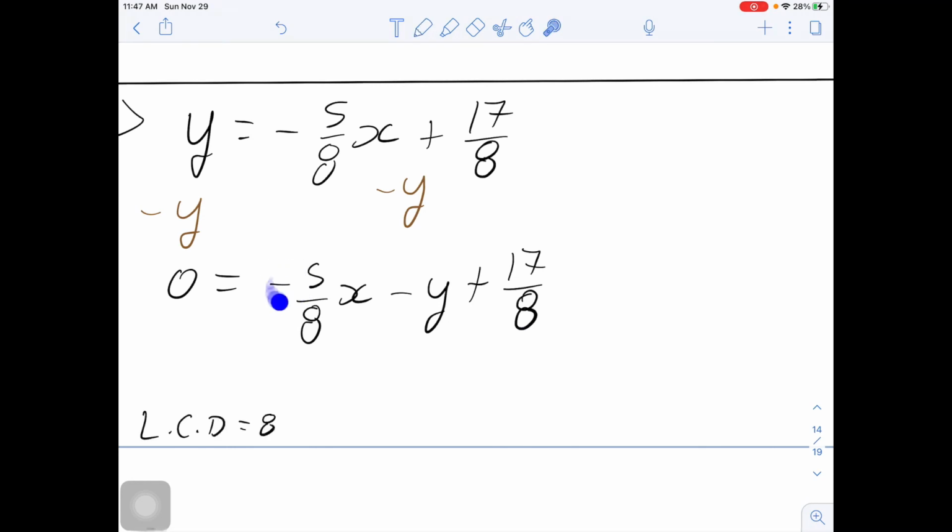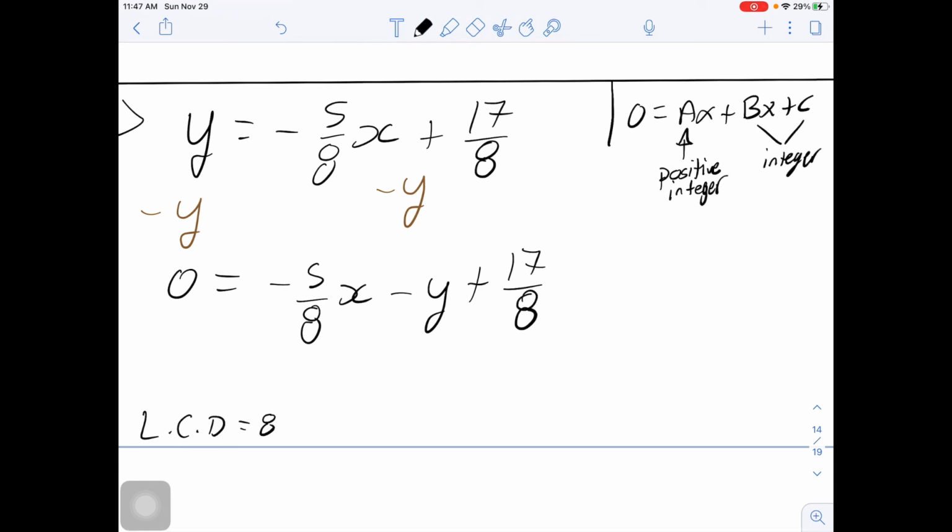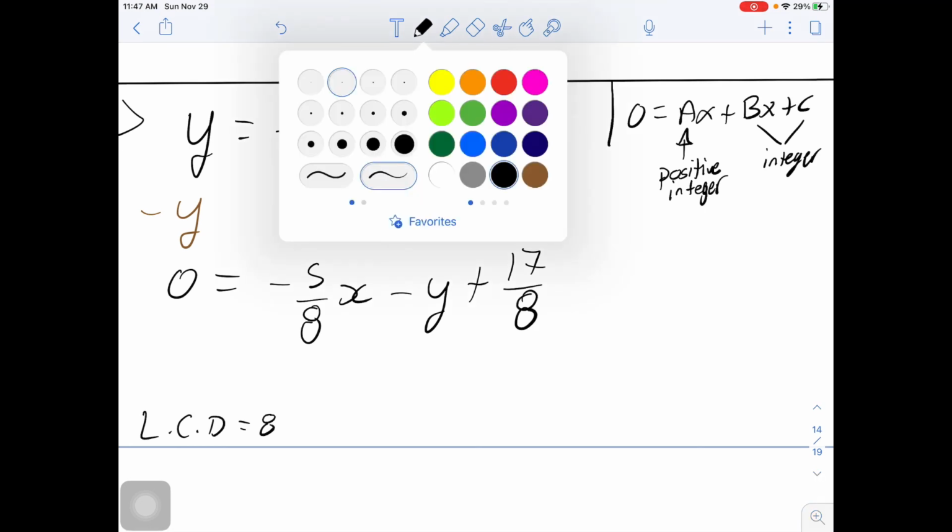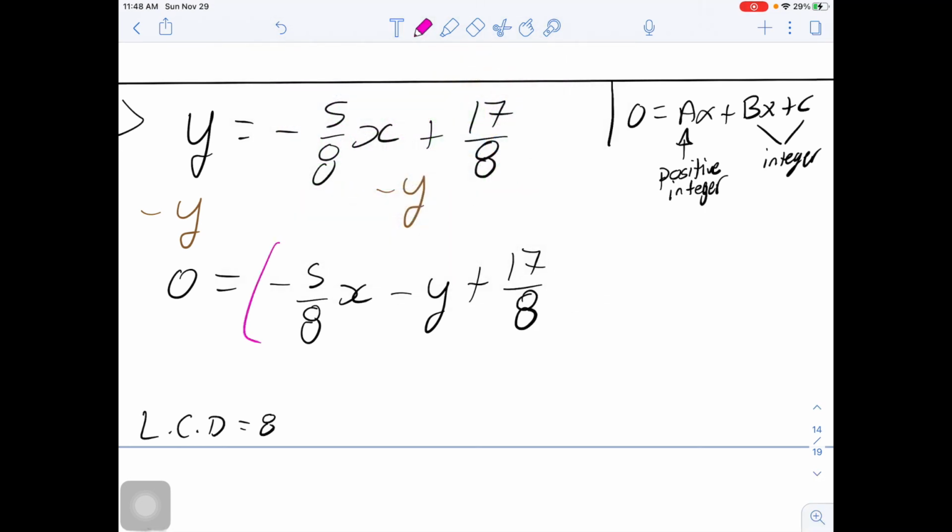Another thing to note is this is a negative number, and remember, a, because the form is 0 equals ax plus by plus c, this has to be a positive integer. These numbers simply just have to be integers. So what we're going to do is multiply everything by a negative 8 because this is going to change the sign of y, or a.